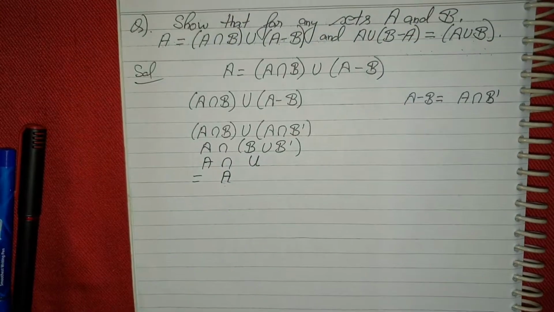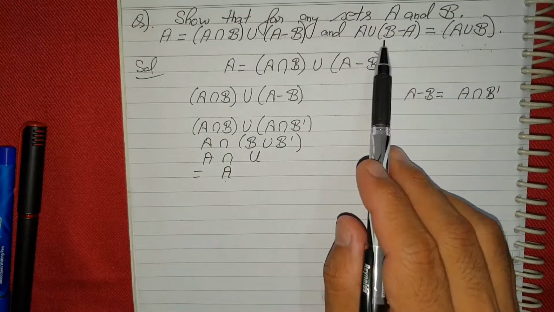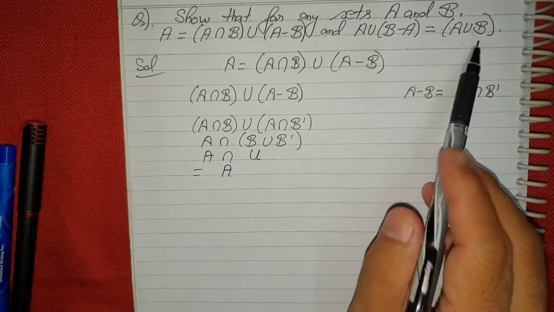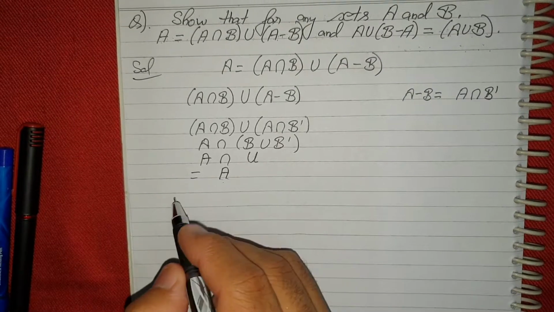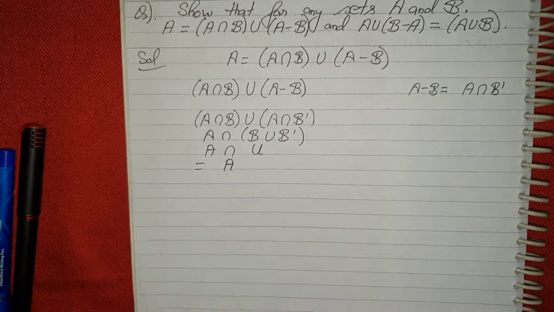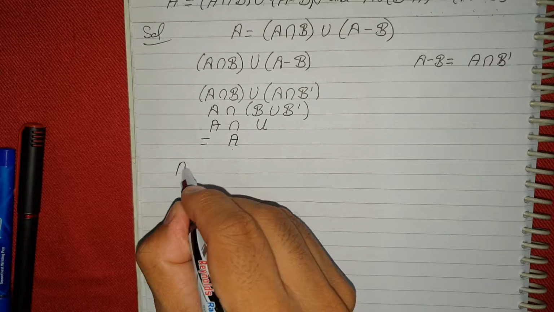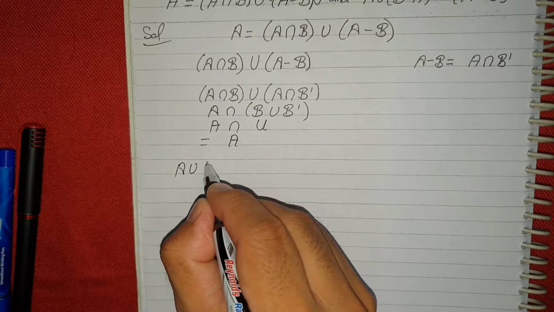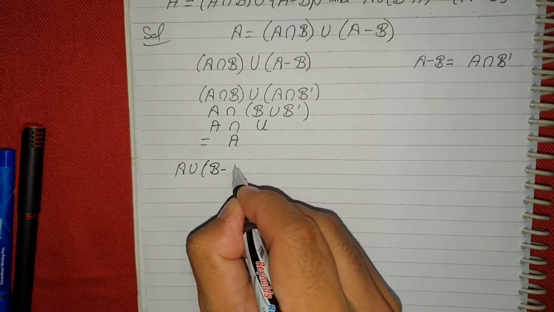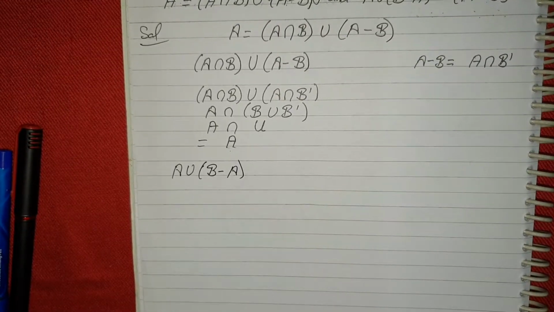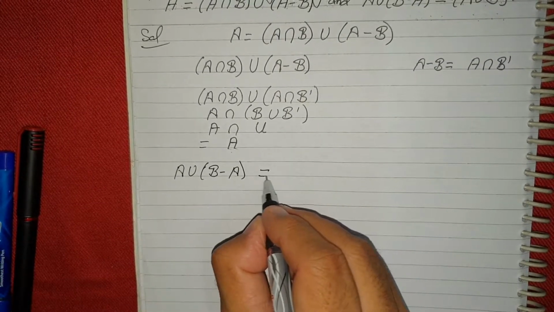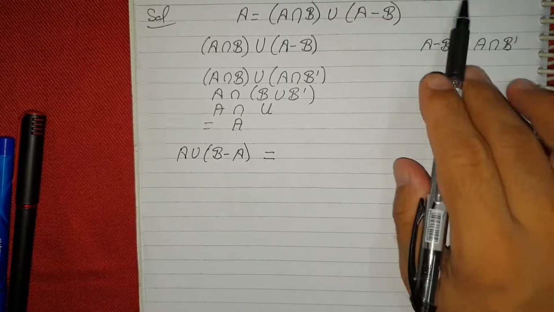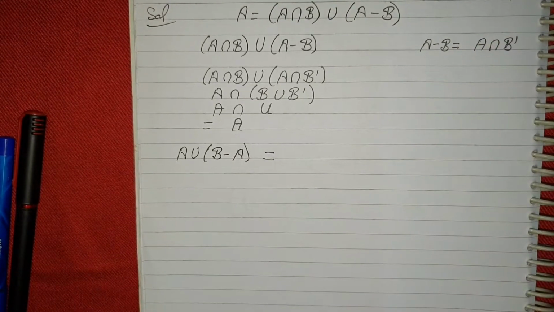Moving on to the second part, which is A union B minus A equals A union B. A union B minus A, now we have to prove that this equals A union B, that's fine.